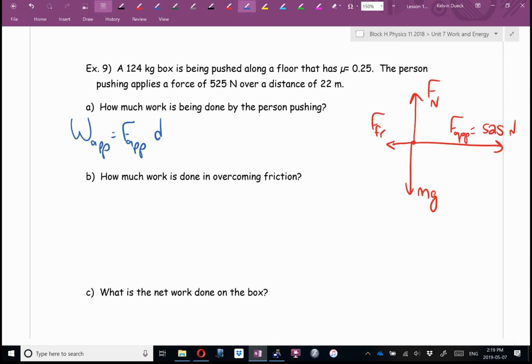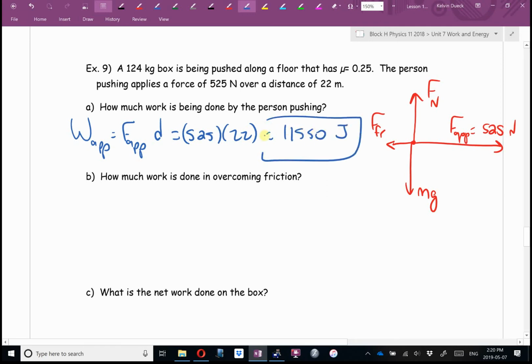Hey, we're good to go. 525 times 22. How many joules of work were done on this box? $11,550, right, folks? Okay.